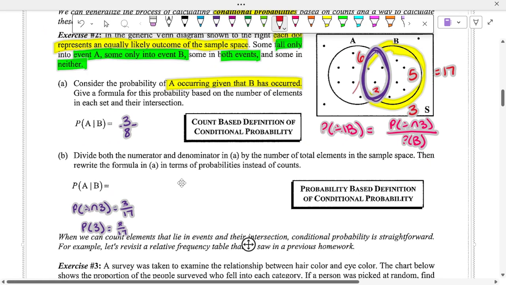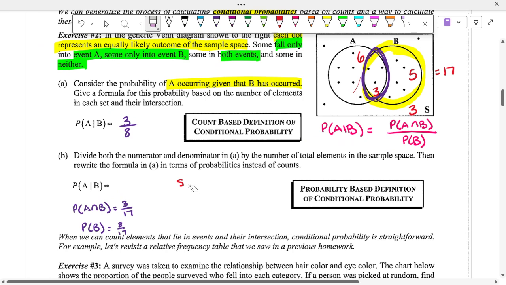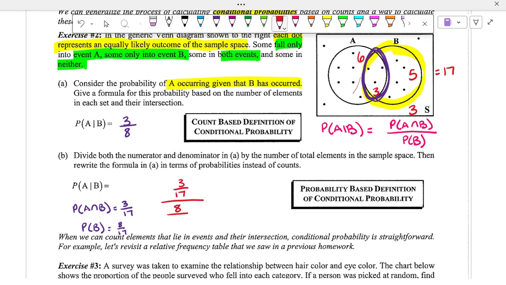So if we do 3 out of 17 divided by 8 out of 17, remember, if we're dividing fractions, we can do keep, change, flip. This is the same thing as 3 over 17 times 17 over 8. The 17s cancel, so we're left with 3 over 8, which is exactly what we got up top.